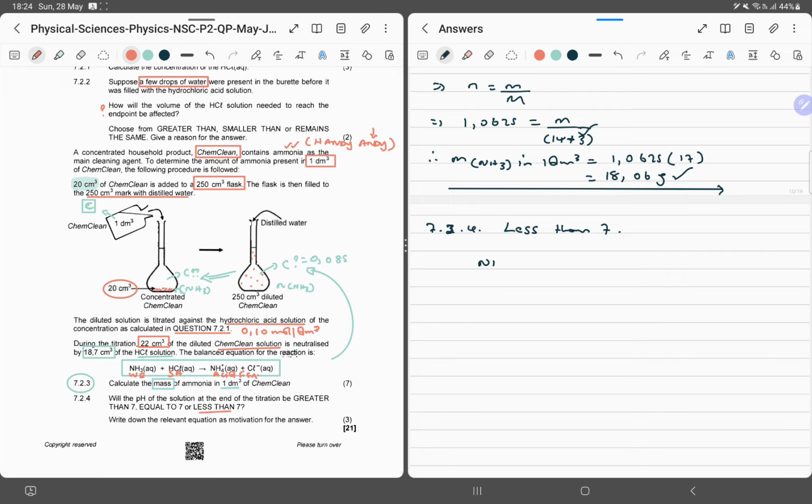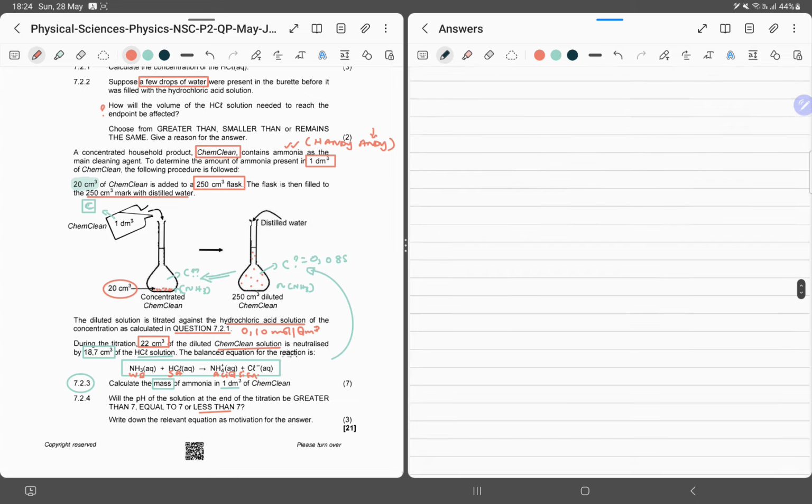So we know that NH4 plus aqueous can protolyze the water in the solution. It will protolyze this guy to form an oxonium ion plus the ammonia, which is a weak base. So this is an acid. It's a strong acid, and because of that, that is the reason. So obviously we're getting a mark there and then 2 marks for that one. So we scoop the 21 marks and we smile on.